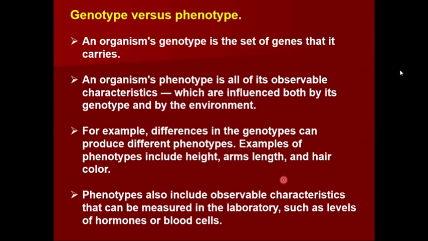Now, an organism's genotype is the set of genes that it carries. So the genotype consists of the entire DNA that is present in the nucleus. An organism's phenotype is all of its observable characteristics, which in turn are influenced both by its genotype and also by the environment.